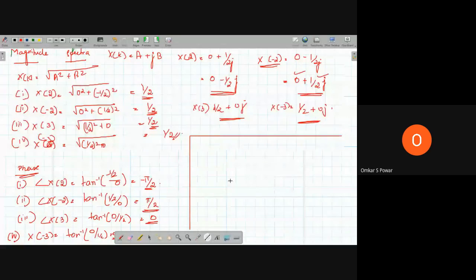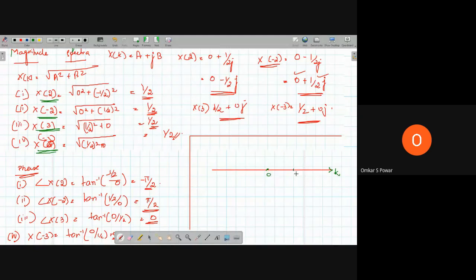So first here I'll plot the magnitude spectra for you guys. So yeah, so we have 2, minus 2, 3 and minus 3. So what is your x-axis here? So what are the values you want to plot? 0, 2, 3 and -2 and -3. Okay.